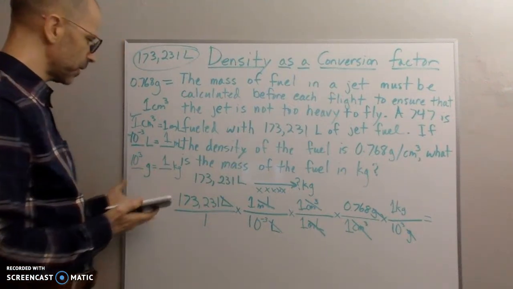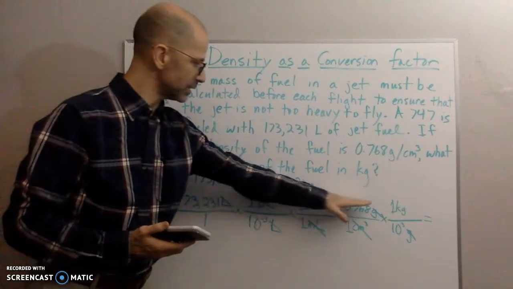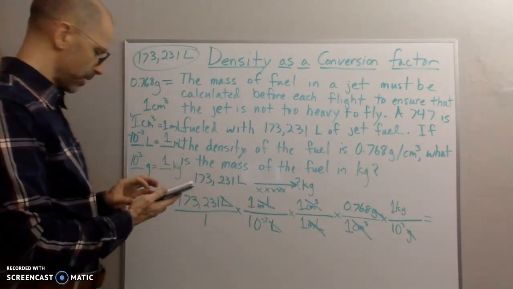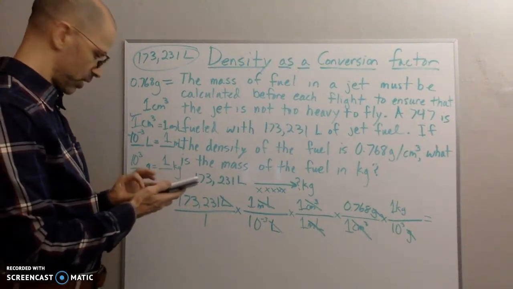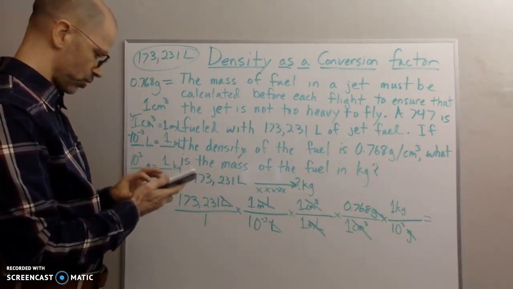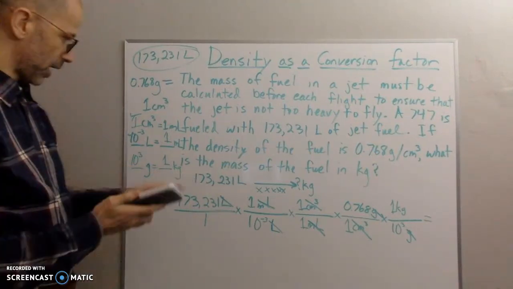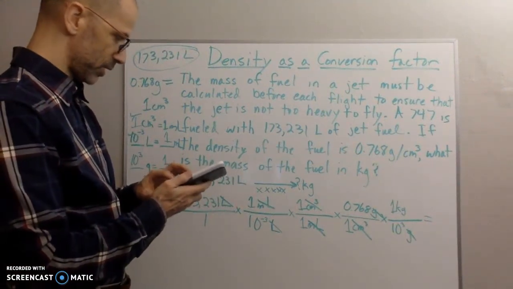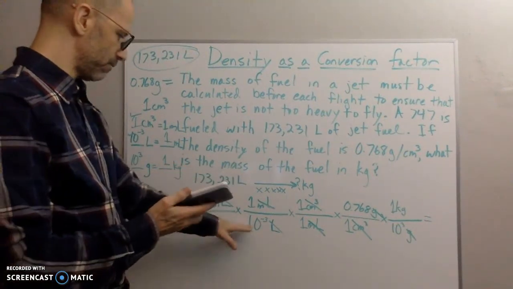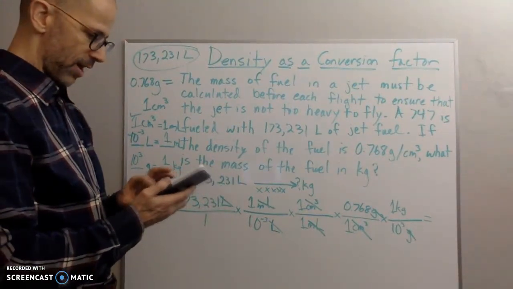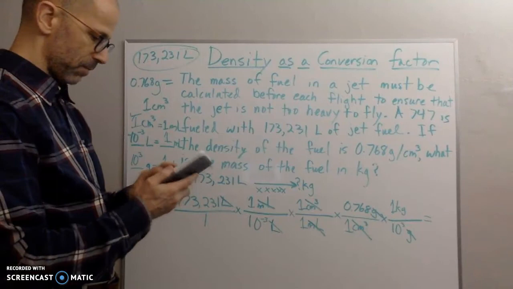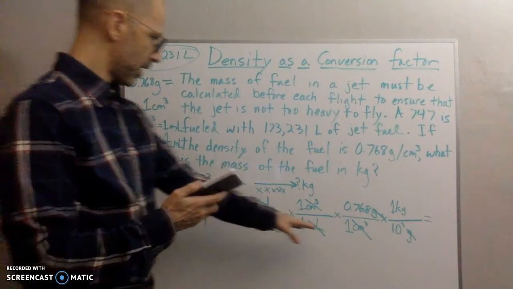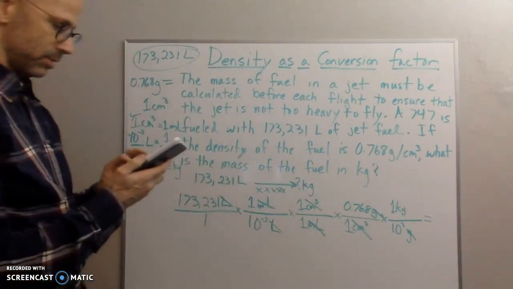Really quickly, I'm going to multiply across the top and divide by the bottom. Ignore the ones; you don't need to worry about ones. So 173,231 multiplied by 0.768. Now I'm going to divide by 10 to the negative 3, and then divide by 1,000.